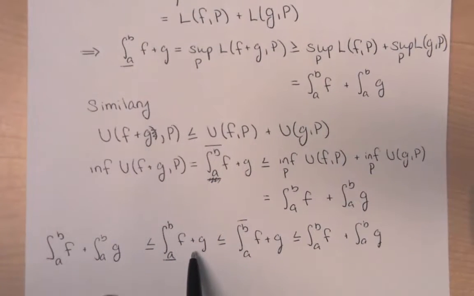So because the lower sum is less than or equal to the upper sum, but both of them are bounded below and above respectively by the same number, they must be equal.